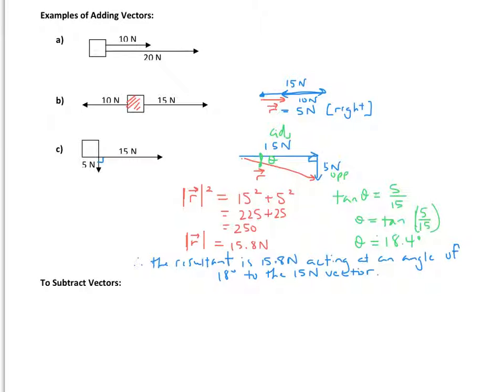There we are. All right, now we just need to learn how to subtract vectors, which, because we know how to add, subtracting is super easy. Easy in that it's just like integers. To subtract vectors, we just add the opposite. So let's say we wanted to, let me just write that in, we add the opposite vector. And we talked in the previous lesson about what opposite vectors look like.